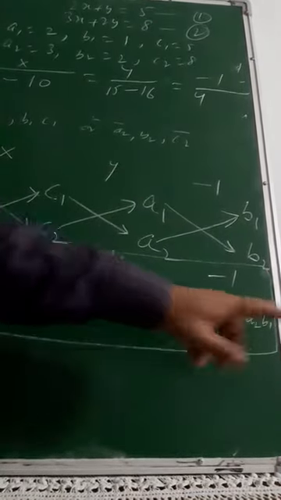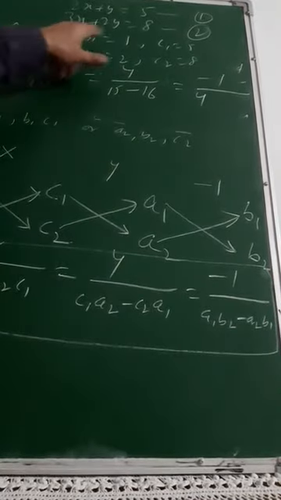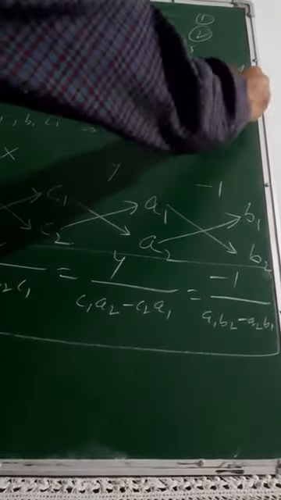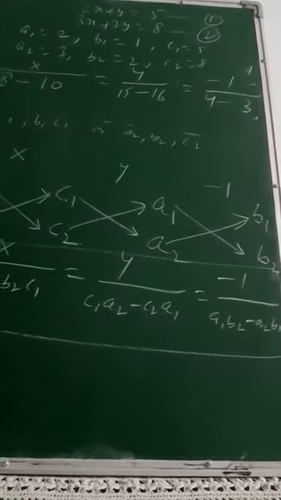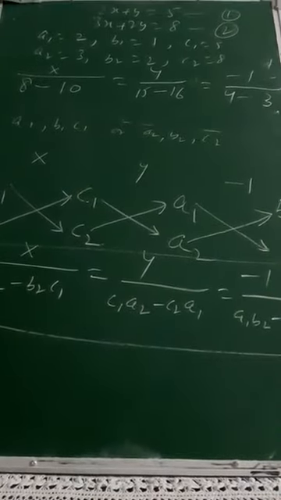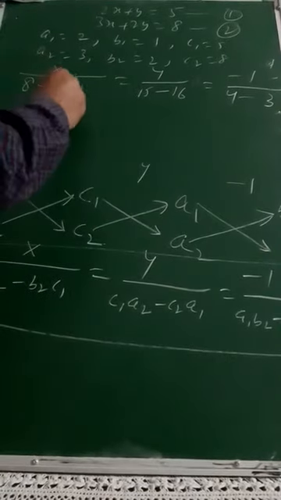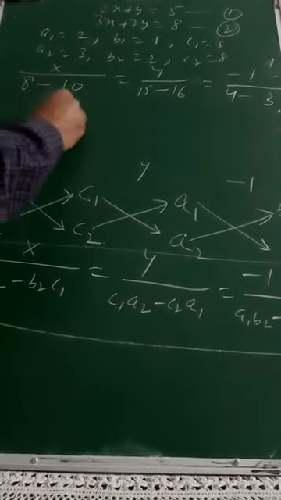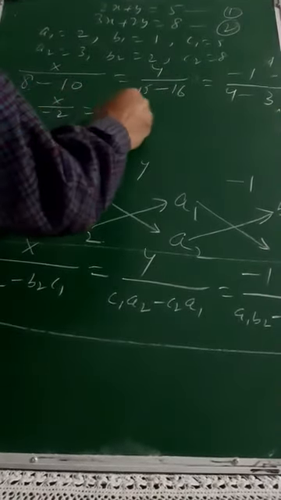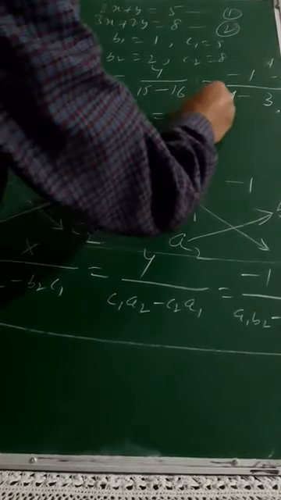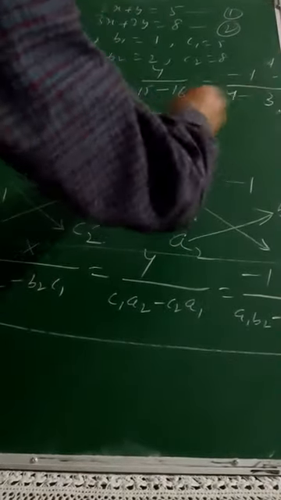And A2 B1. What is A2? 3. What is B1? 1. So minus 3. A2 B1, 3 into 1 is 3. That's all. Now you look at this. x upon 8 minus 10 is minus 2, is equal to y upon 15 minus 16 is minus 1, is equal to minus 1 upon 1. That is minus 1.